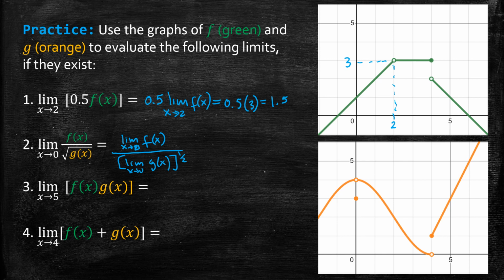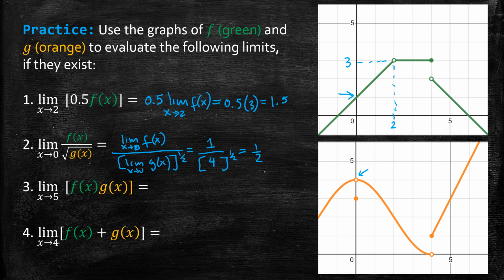So I can take that square root out like that. As x goes to 0, f of x becomes 1. And for function g, as x goes to 0, we are looking at a limit of 4. 1 over the square root of 4 would be 1/2.